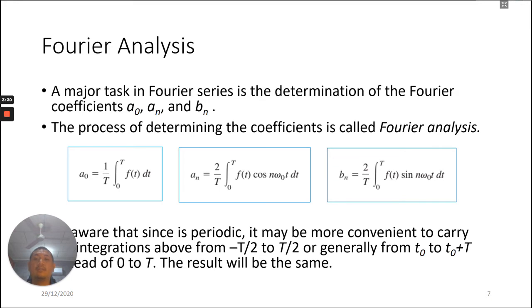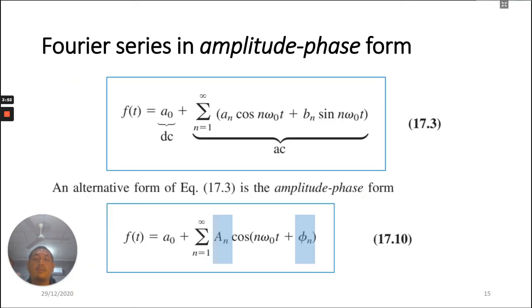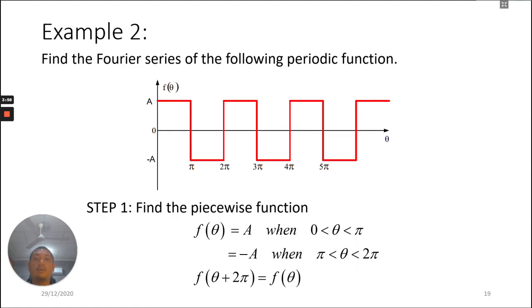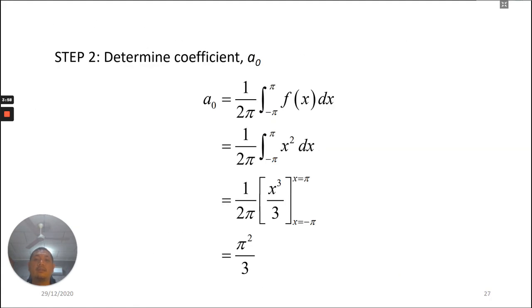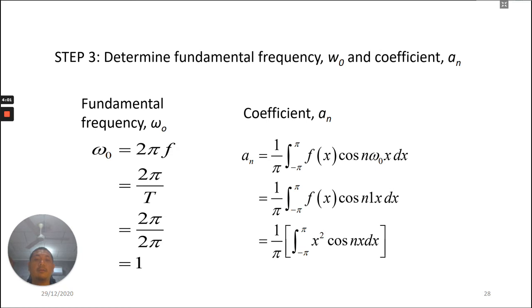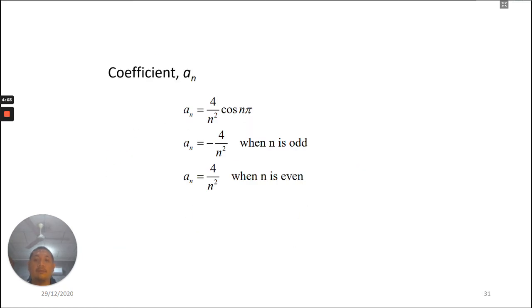Now, for example, if we have an even symmetrical periodic function, then we can simplify by not having to calculate bn. Straight away we can assume bn is 0. So that's the benefit of knowing whether the signal is even, odd, or half wave symmetry.